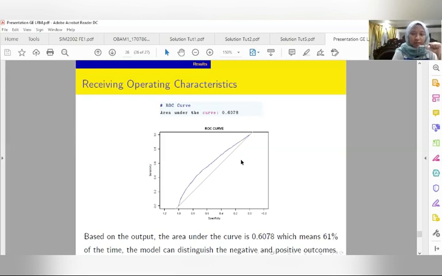Based on my readings, a very poor model has an AUC in the range of 0.5 to 0, and the curve is usually below or on the straight line. But as we can see from our output, our curve is above the line and the AUC is greater than 0.5, which indicates that the logistic regression model has a moderate to good predictive accuracy.